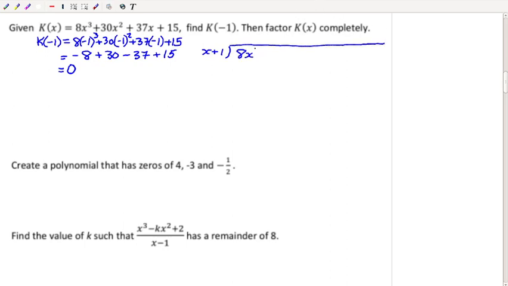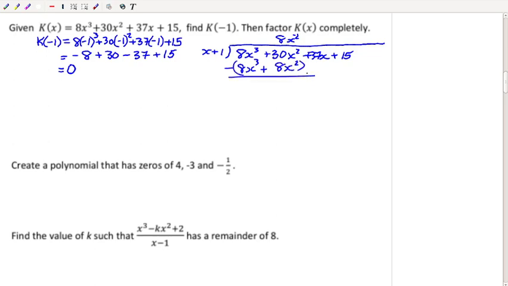So I've got 8x cubed plus 30x squared plus 37x plus 15. And I'm going to divide that by x plus 1. So I've got then 8x squared. 8x squared times x plus 1 gives me 8x cubed plus 8x squared.